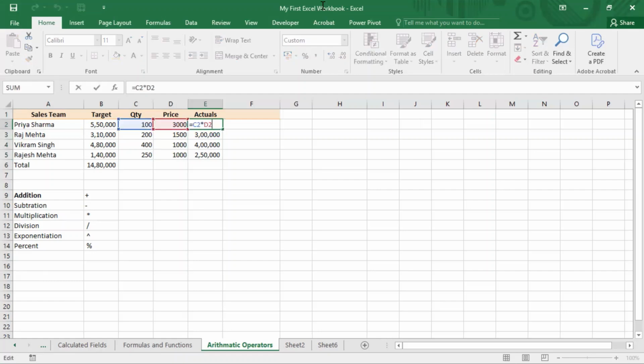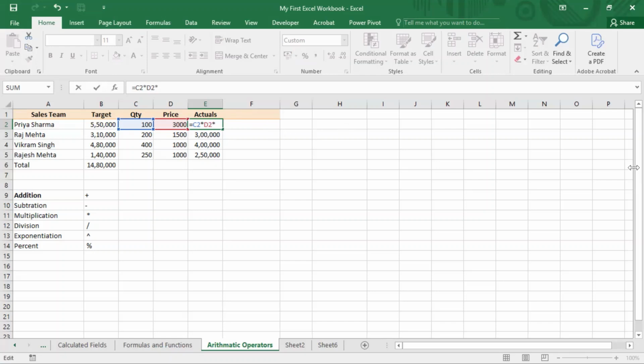So multiplication here, what we have done is we are using the asterisk symbol to multiply one value with another value. I can multiply multiple values. If there are three values to be multiplied, I would add another asterisk and reference that particular value.